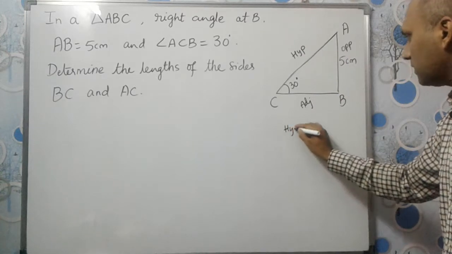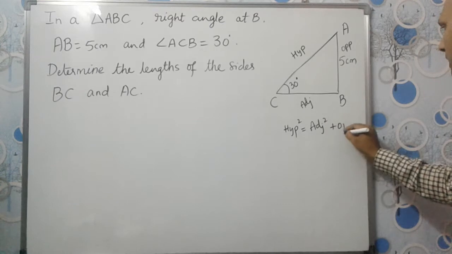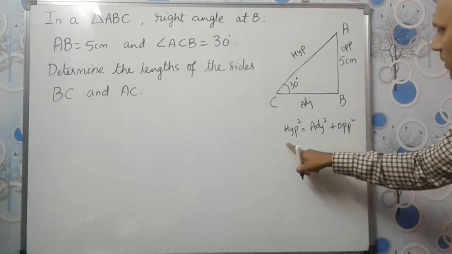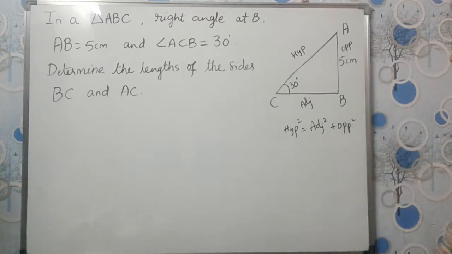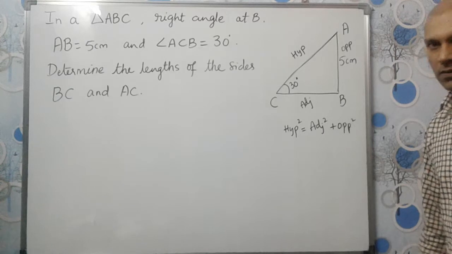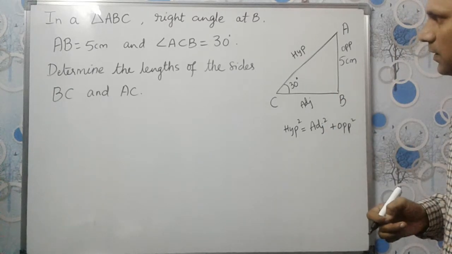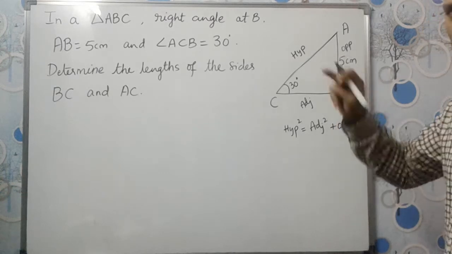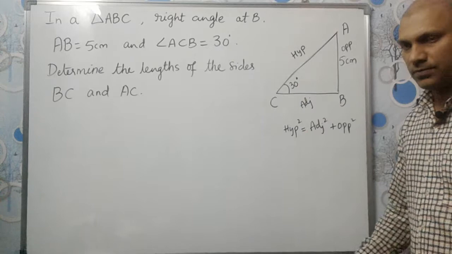Hypotenuse square is equal to adjacent square plus opposite square. Hypotenuse is not known, adjacent is also not known, only opposite is known, right? So there will be two unknowns in this equation, so we cannot use Pythagoras theorem directly. To use Pythagoras theorem, we need at least two sides. But one angle is given to us.